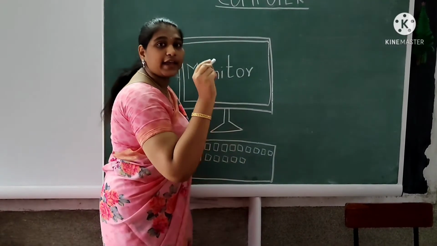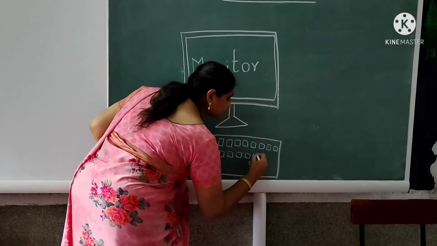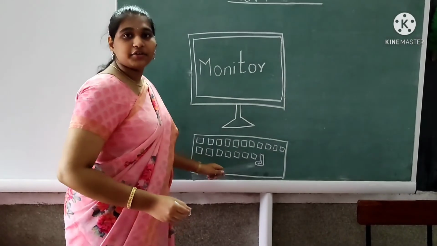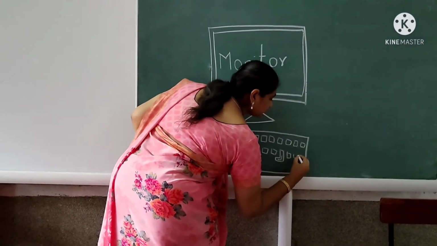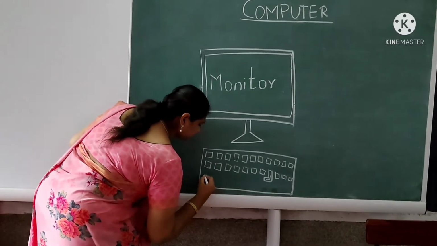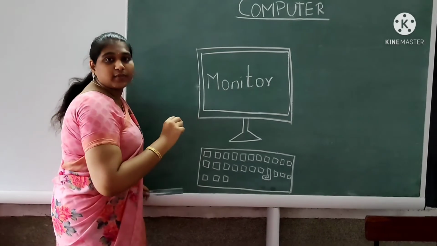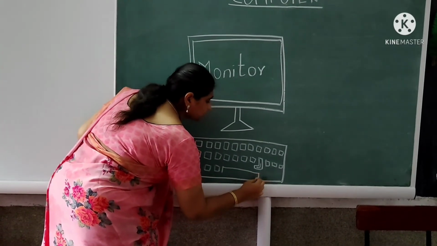Here we have an enter key. Enter key looks like L, reverse L. And then we have a space bar. A long bar is called the space bar.